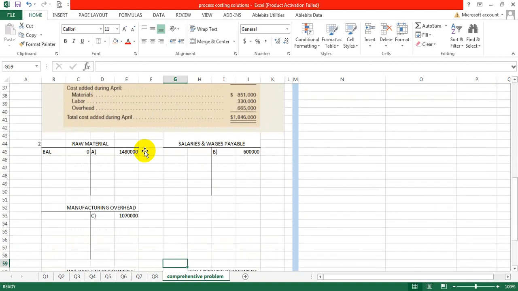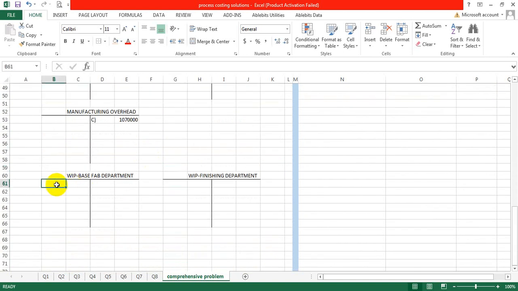Okay, beginning balance work in process is an asset account, so we will write the balance on the debit side. Balance base fab is 1,50,000 and balance finishing is 70,000, right? We have noted both values.